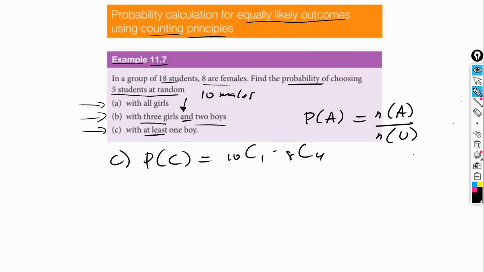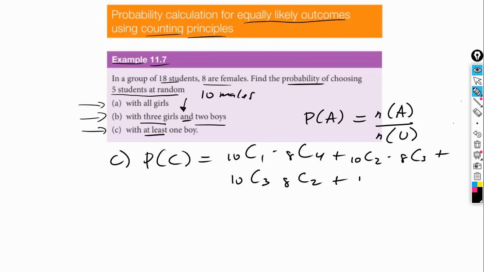So that would give us a total of 5 kids. Now, this is mutually exclusive from other possibilities. So that means that or, which means plus, we could do 2 boys out of 10 in combination with 3 girls. Or we could do 3 boys out of 10 in combination with 2 girls out of 8.